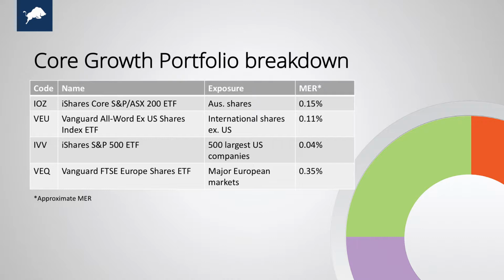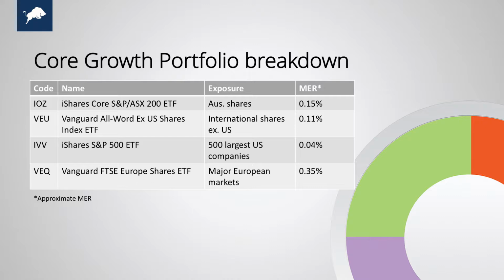Now, the reason why we want the cheapest fees, all things being equal with that tracking error, is that an exchange traded fund will underperform its benchmark by the cost of its fees. The iShares S&P 200 Australian share index is the cheapest out there right now, at approximately 0.15% management expense ratio. And that's why we've gone for that.